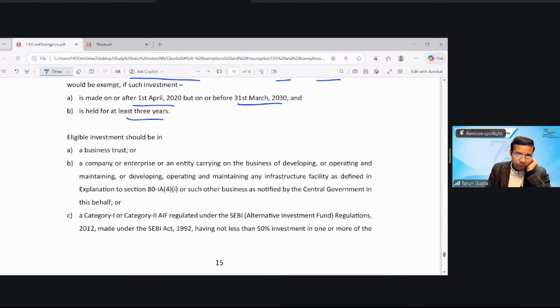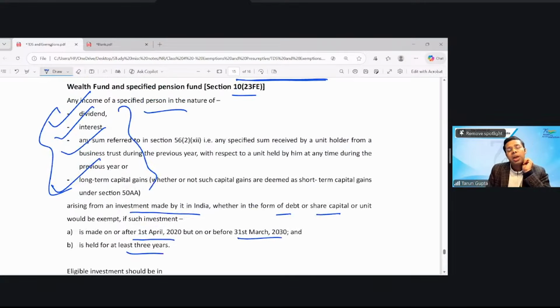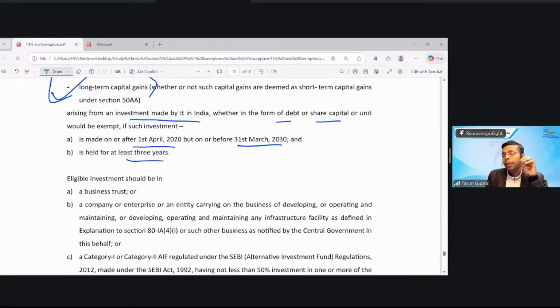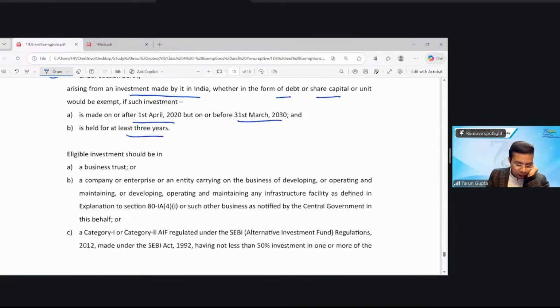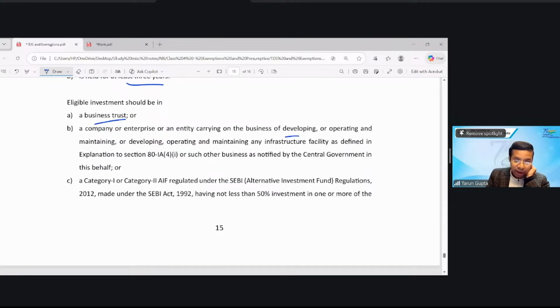Eligible investment: I want the investment in infrastructure. I want to improve the infrastructure of India. So the benefit is given only if the investment is made into infrastructure. Eligible investment should be in a business trust or company or enterprise or entity carrying on the business of developing, or operating and maintaining, or developing, operating and maintaining an infrastructure facility.